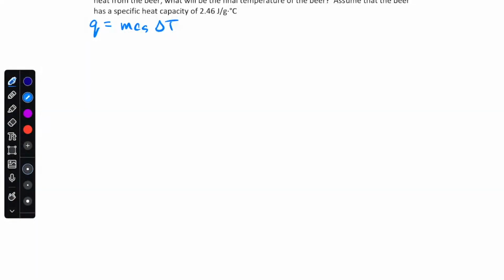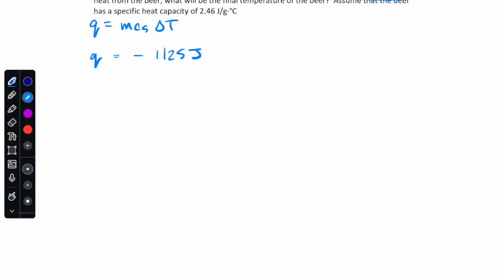So what we can say at first is that Q is going to be equal to negative 1125 joules. And I have it negative because the cold pack is removing that much heat.